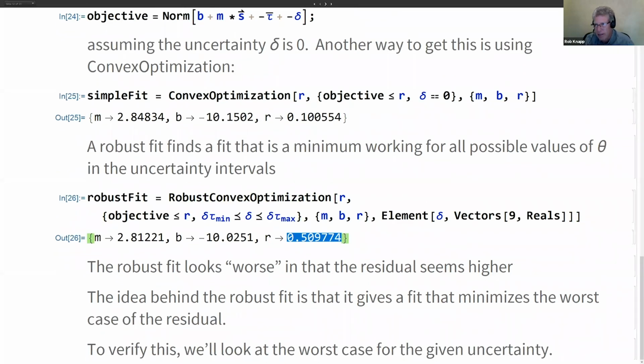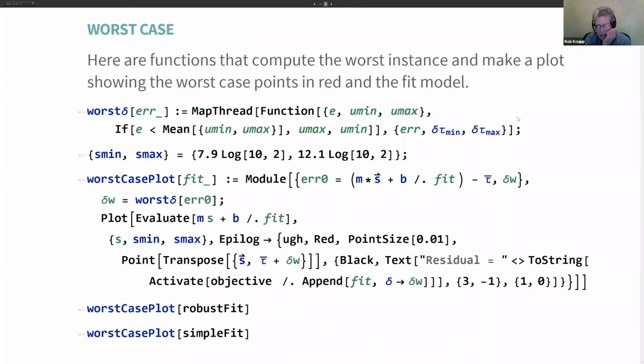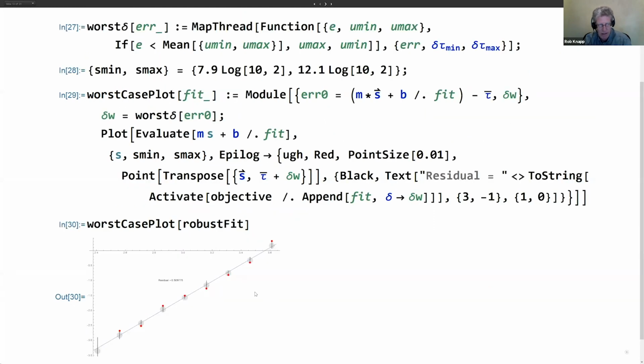So let's look at what's happening here in a different way. I've got some functions that are a bit complicated that compute the worst error. Given a fit and that possible uncertainty, I've defined a function called worst case plot. So let's look at the worst case plot for the robust fit. Basically, the fit value is here, and it computes the farthest I can go in the uncertainty that makes that term in the residual as big as possible, and those are indicated by the red.